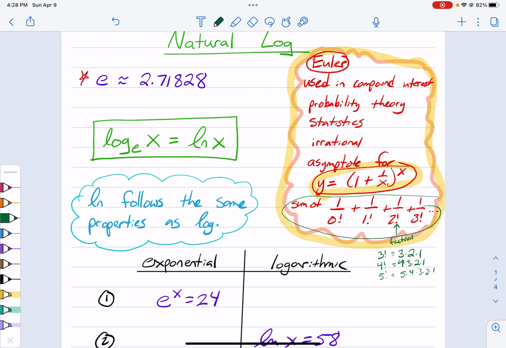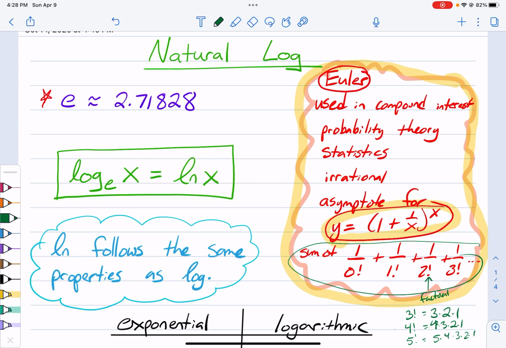So e is a number that is in a lot of different spaces, so it needed its own letter and its own representation. The log of e has its own word, and it is a natural log. If you look on your calculator under the log button, there is a button that says ln. That is the natural log button.